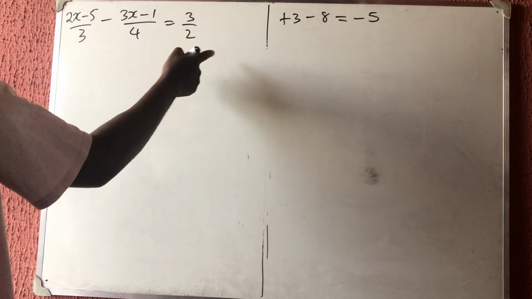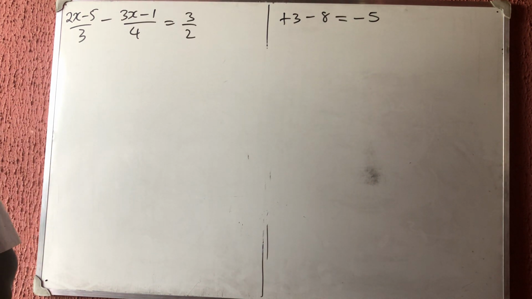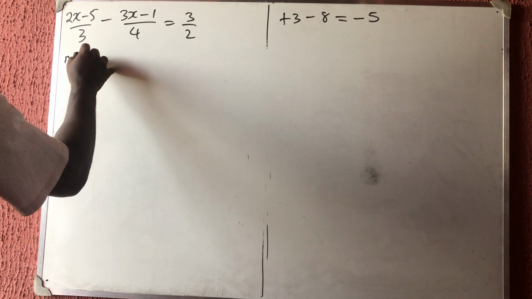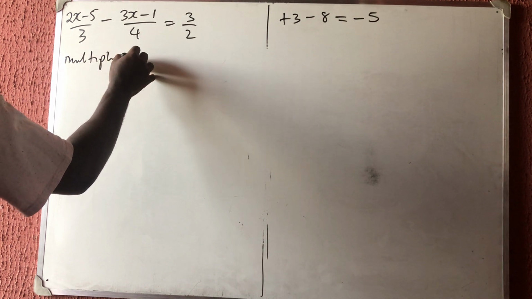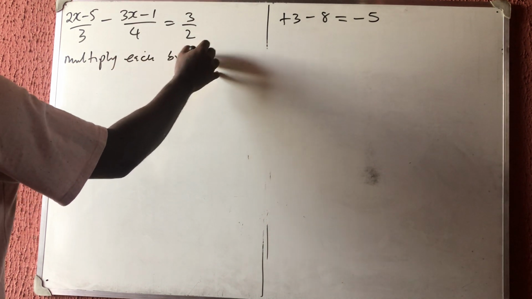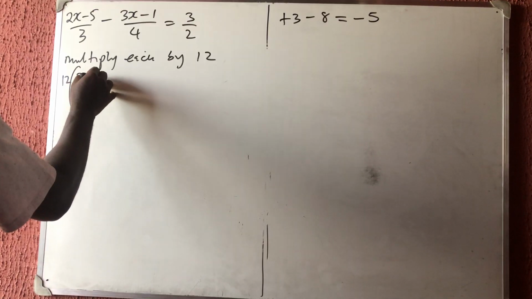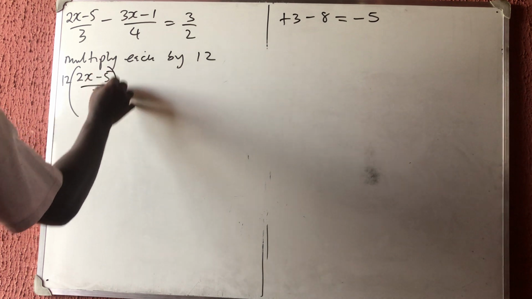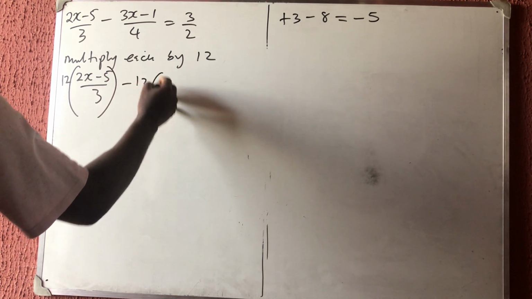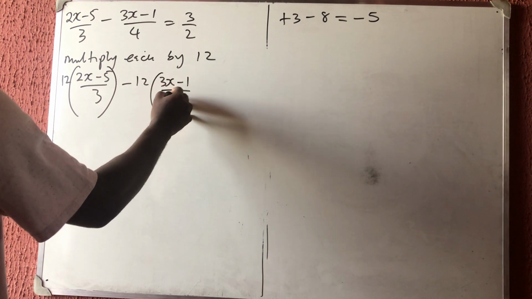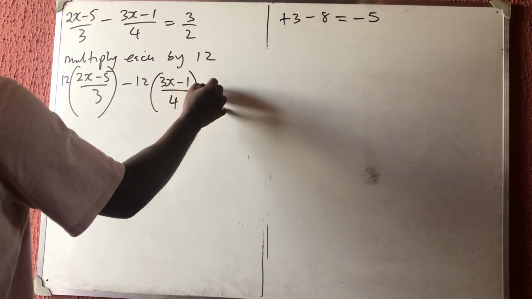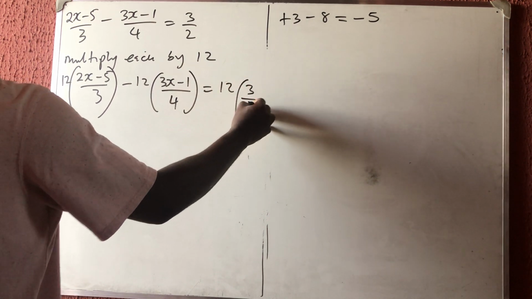You multiply by the LCM. The LCM of these is 12, all right? So multiply each by 12. So I have 12 in bracket of 2x minus 5 over 3, minus 12 in bracket of 3x minus 1 over 4, is equal to 12 in bracket of 3 over 2.